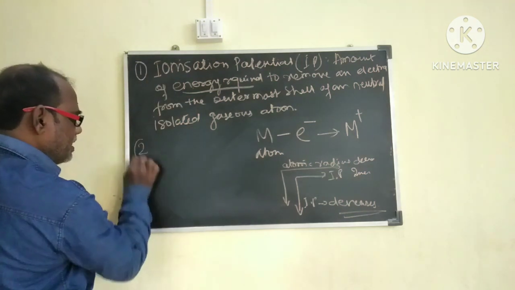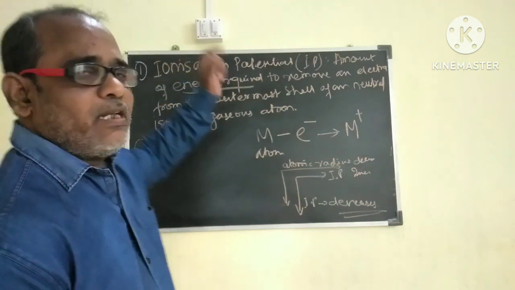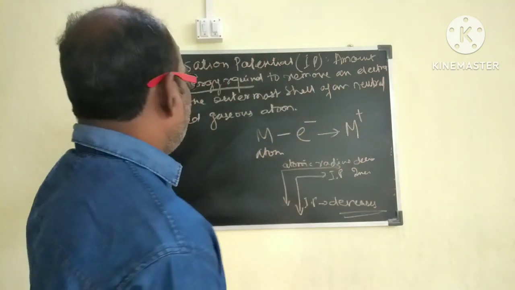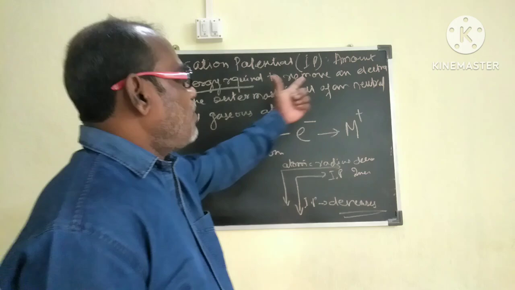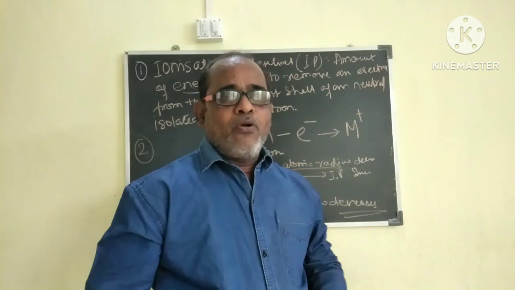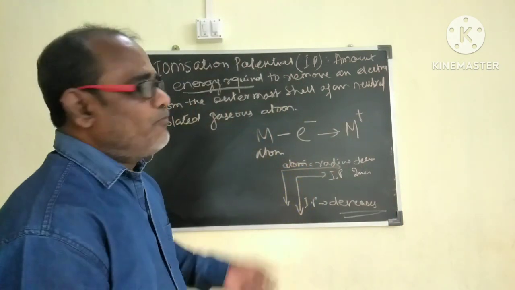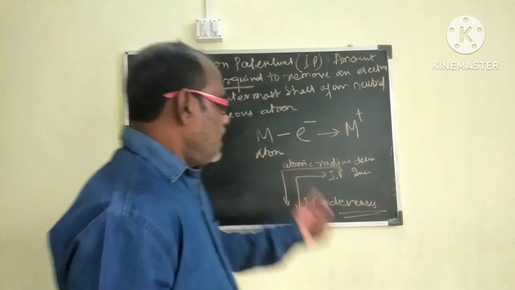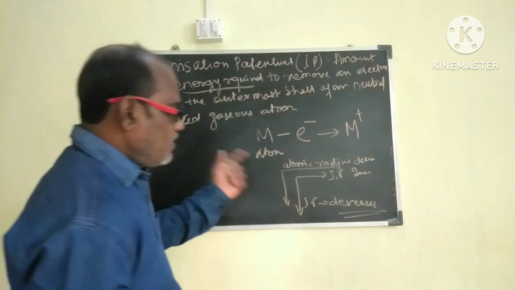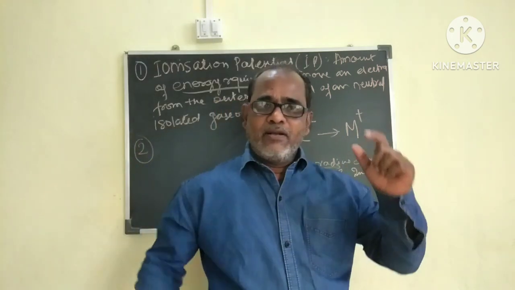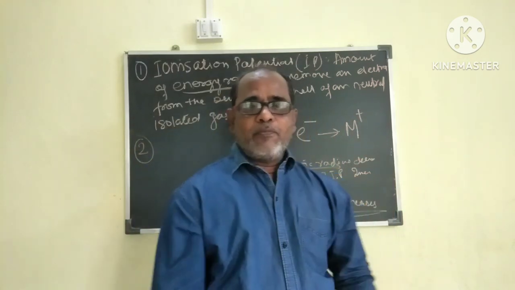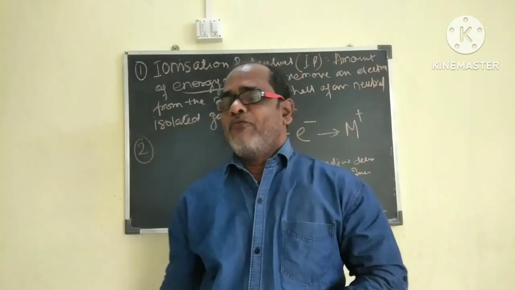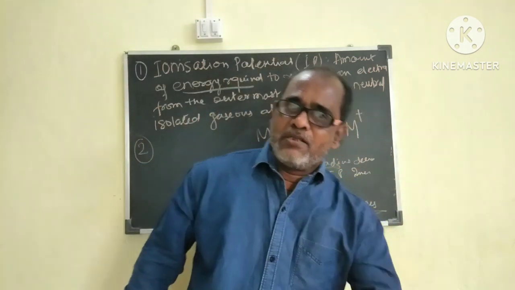Number two periodic property, again we know, is electron affinity. By the definition it was written: the amount of energy released to accept an electron in the outermost shell of any isolated gaseous atom. In that case also the atomic radius decreases from left to right, so more is the force of attraction because nuclear charge is more.